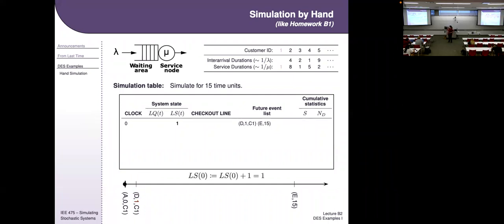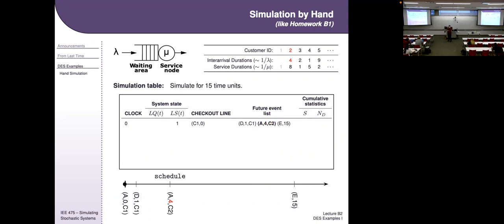Now, because customer one is in the server, I have to update LS so that LS is now equal to 1, and I have to put customer one in the checkout line at the first position. First position is the customer being serviced, and then I need to schedule a new arrival for customer two.